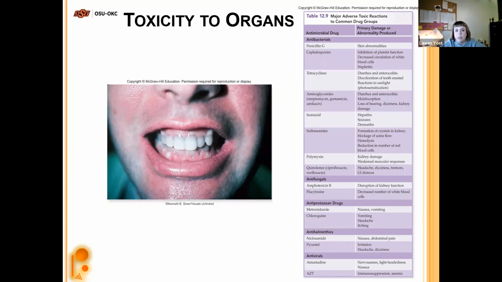That's from tetracycline. Here are some antimicrobial drugs on the left side of this column, and on the right side we have the list of damages that they can cause. Please feel free to look through that on your own. I would recommend it just for your own knowledge. I think that's smart.